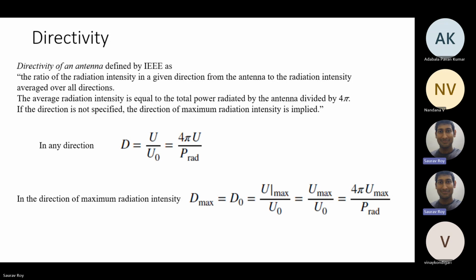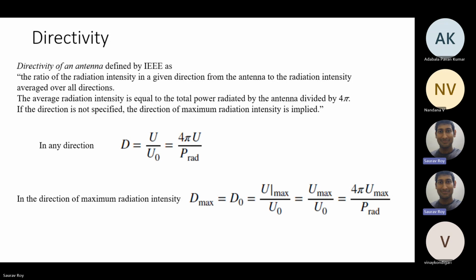The next line says if the direction is not specified, then the direction of maximum radiation intensity is implied. Many times you will have directivity meaning directivity in the direction of maximum radiation intensity. In some direction or angle the radiation pattern will be maximum, and we generally mean that direction when referring to directivity.